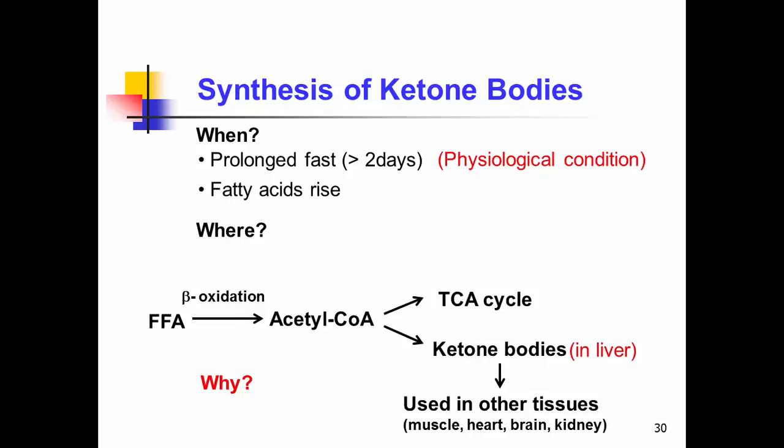In that pathological condition, when our circulating fatty acid levels rise, that will also promote ketogenesis, right? This usually occurs in very long starvation, of course, and also in diabetic conditions, type 2 diabetes particularly, or type 1.